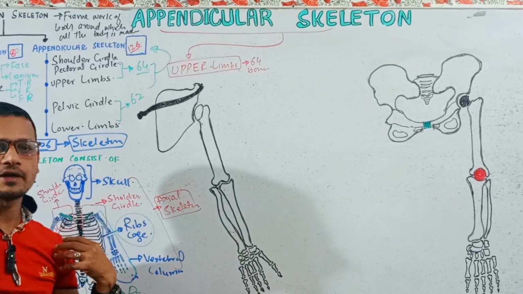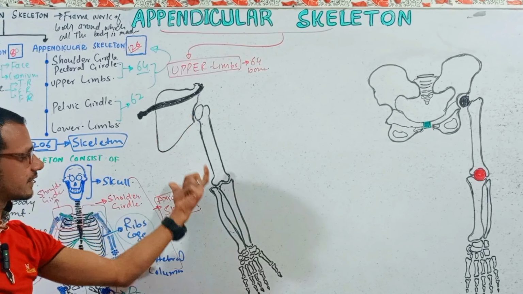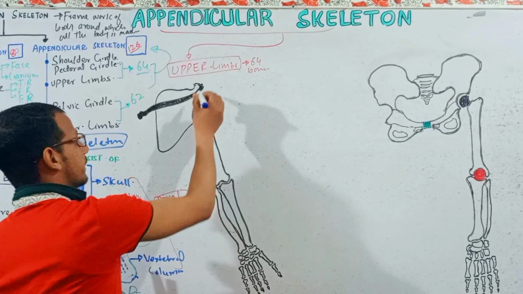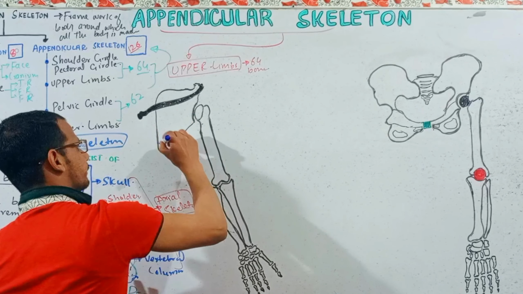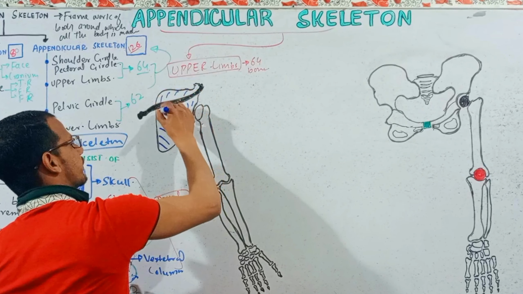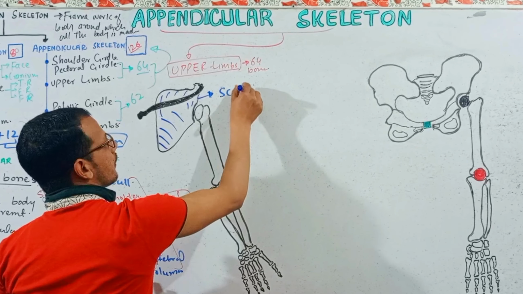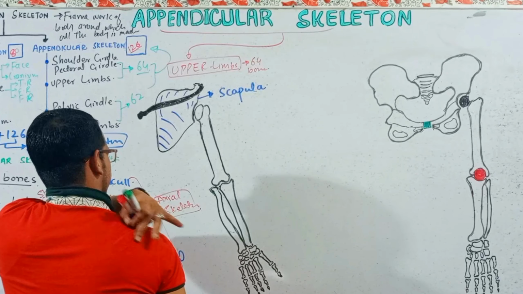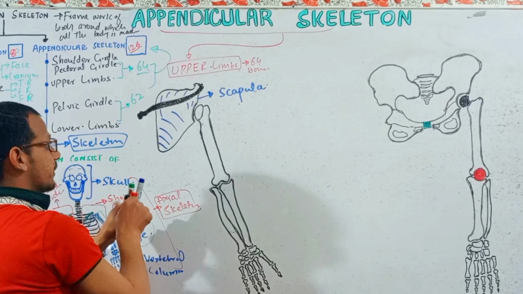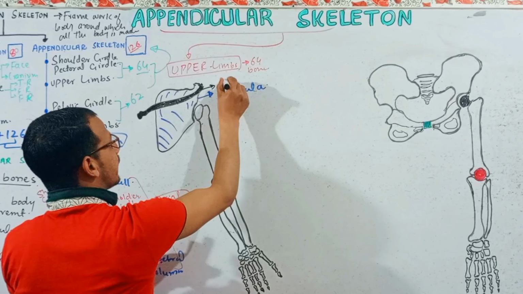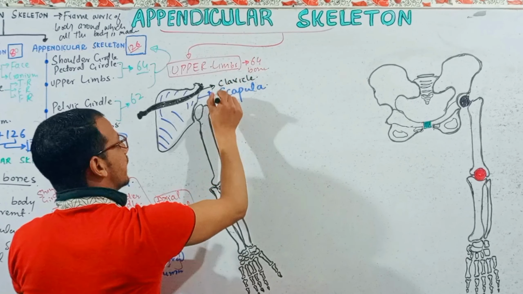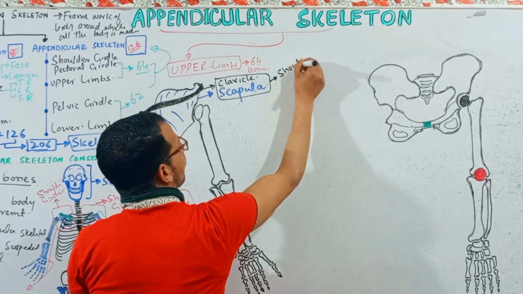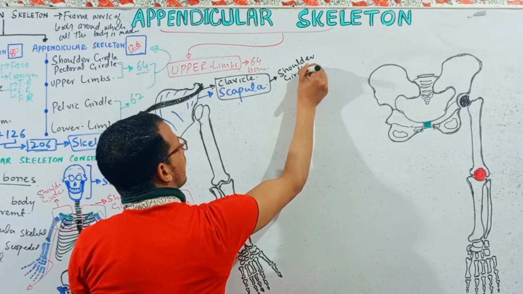Because we have two sides, right and left, here we have the left-side upper limb bones, which have this shoulder blade, this shaded bone, called the scapula, right? You can see here this bone is called the scapula. This other bone is called the clavicle, and collectively these two bones form the shoulder girdle, right?